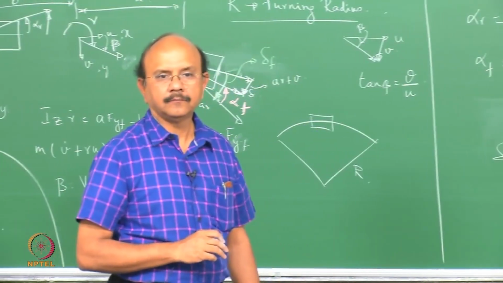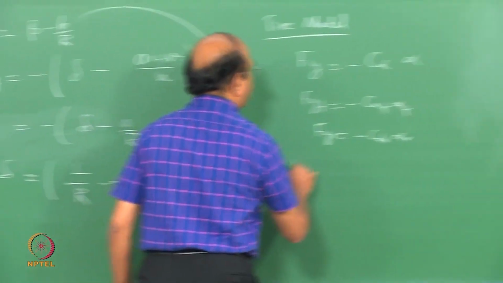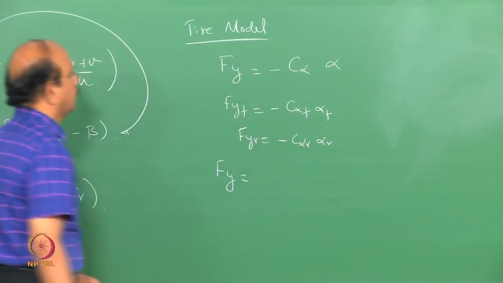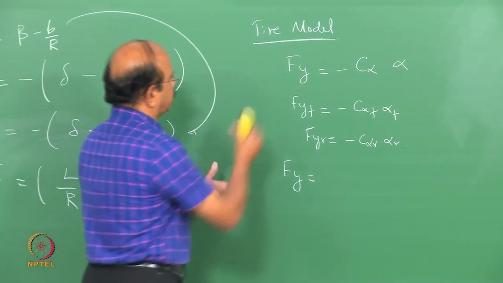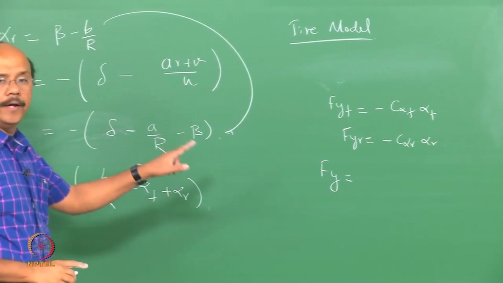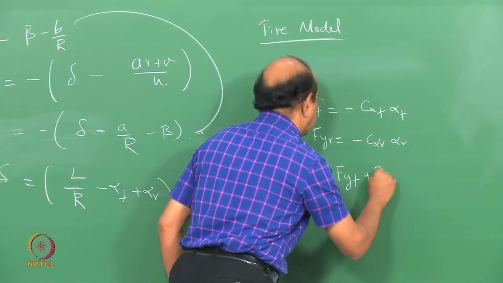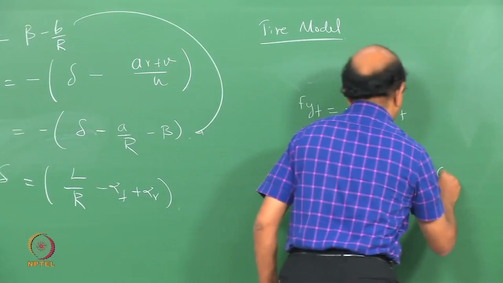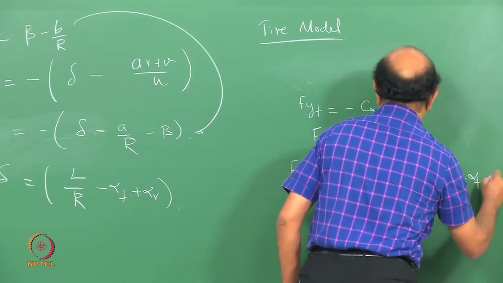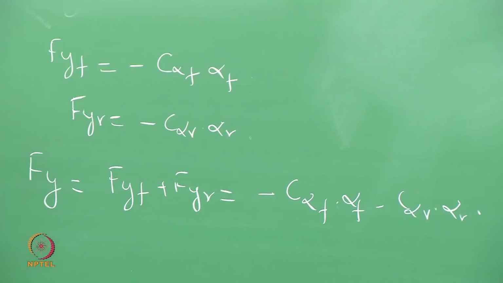Clear? Okay. Now the total Fy, note that this is a general expression. So now Fy is equal to Fyf plus Fyr, and that is equal to minus C alpha F into alpha F minus C alpha R into alpha R. Right?